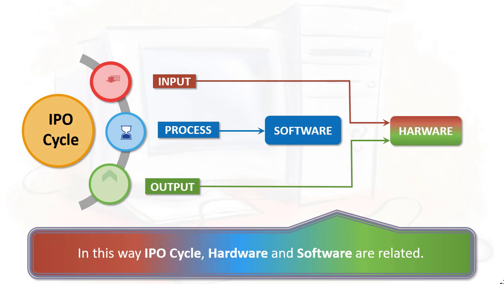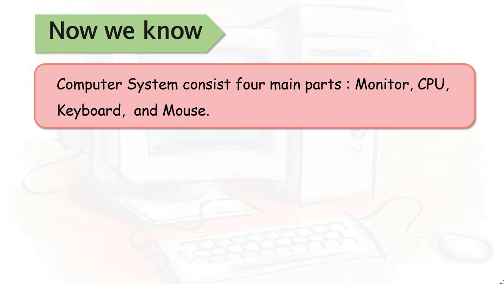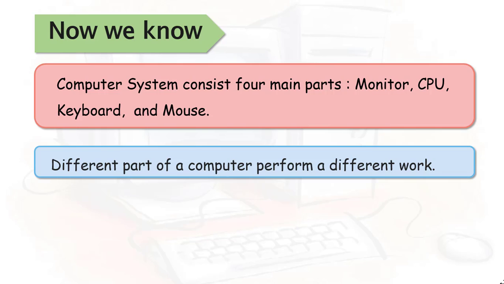Let's see what we know right now. The computer system consists of 4 main parts: monitor, CPU, keyboard and mouse. Different parts of the computer perform different kinds of work. The monitor is used for displaying pictures, that means output. The CPU performs processing on the input given by the keyboard and mouse.